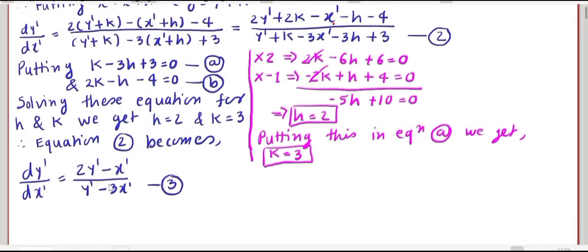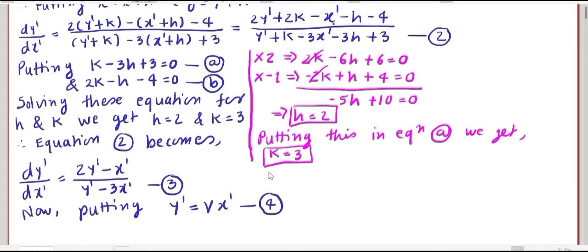Now this is homogeneous in x dash and y dash, and therefore solvable by the method of equations homogeneous in x dash and y dash. So by this method we put y dash is equal to vx dash, equation number 4.